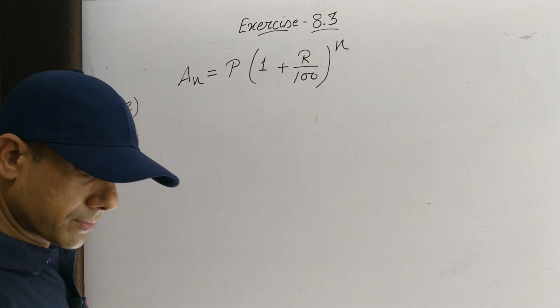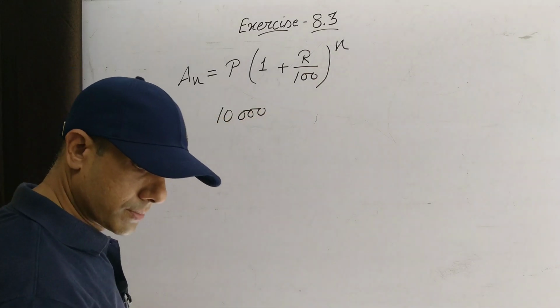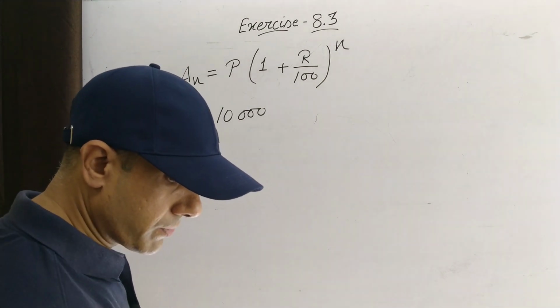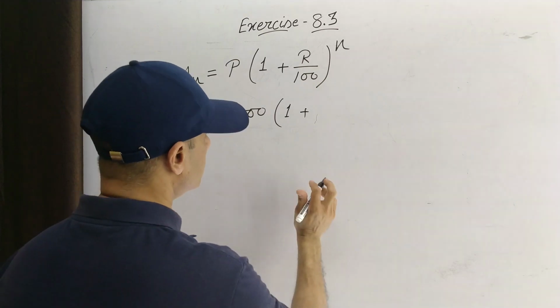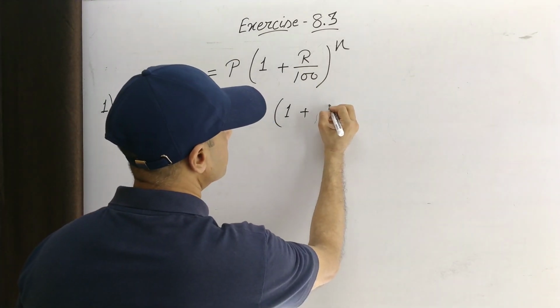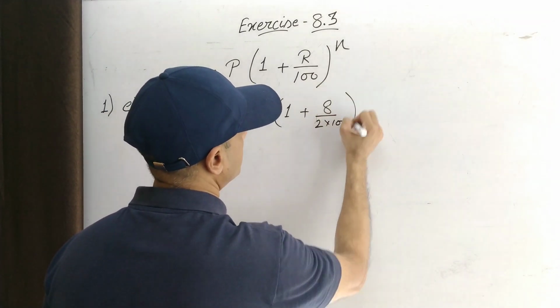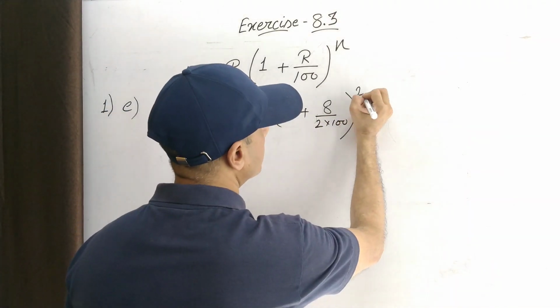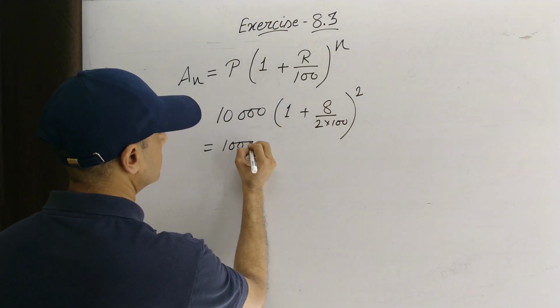Part E, amount is 10,000 rupees for 1 year at the rate 8% per annum, and it is compounded half yearly. So interest will be 8 by 2 for half year, divided by 100, and 2 half years in 1 year. So let's solve this. We get this as 10,000 into 26 by 25 squared.